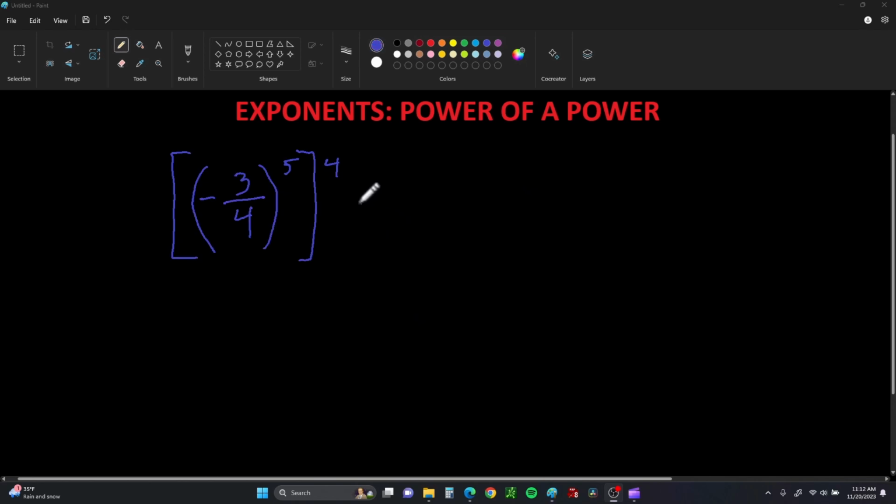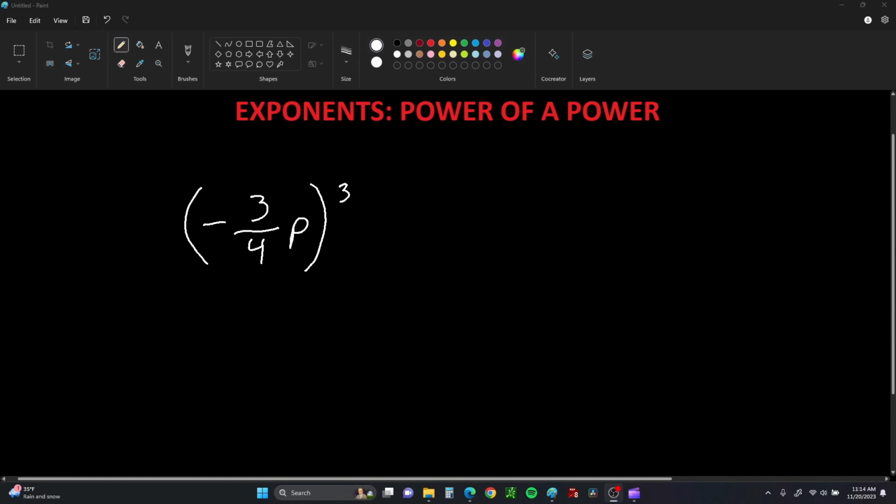In this example, nothing changes because it's a negative, but we would have minus 3/4 raised to the 20th power. This problem has several different layers, and one thing that I want to talk about is the negative when you're raising to a power.